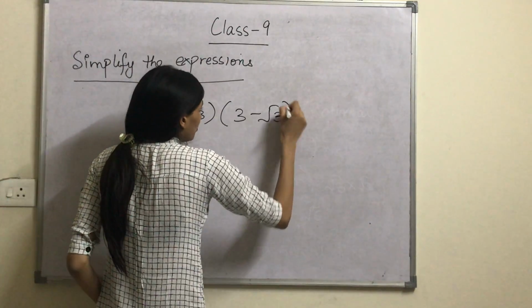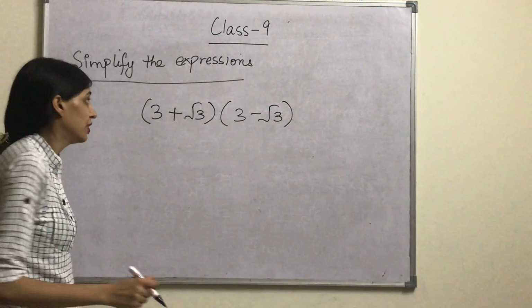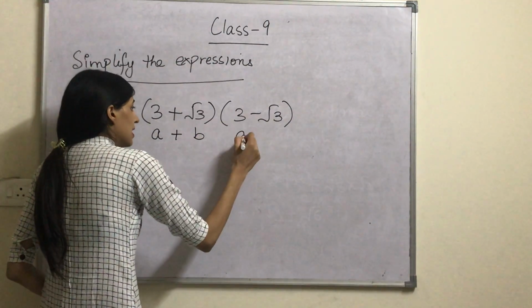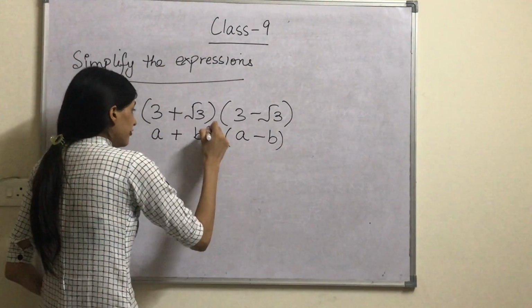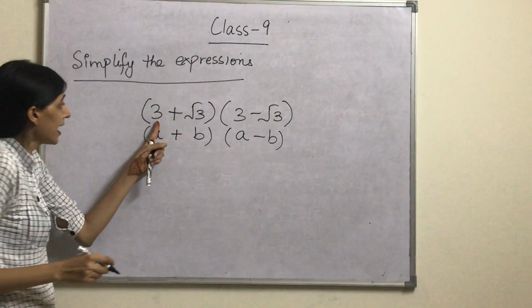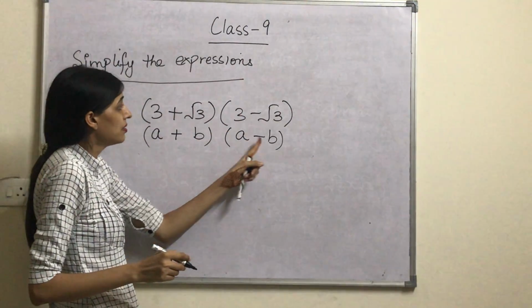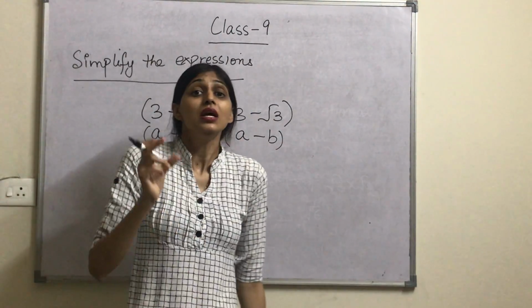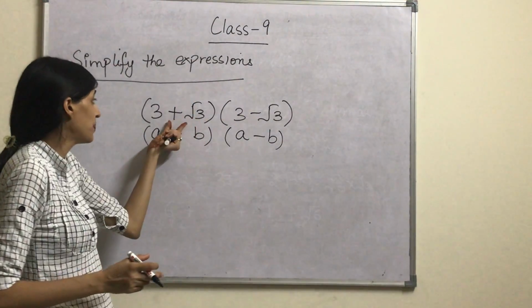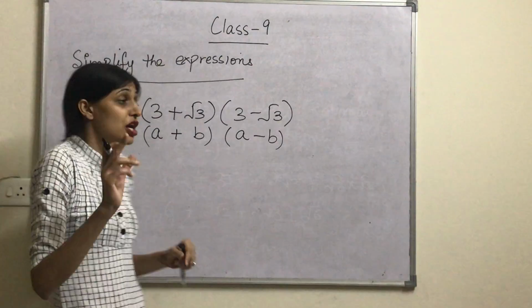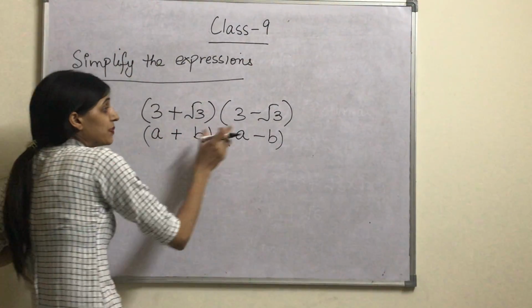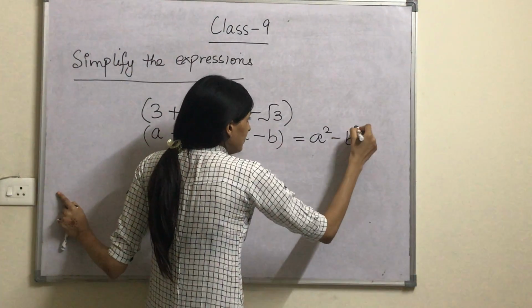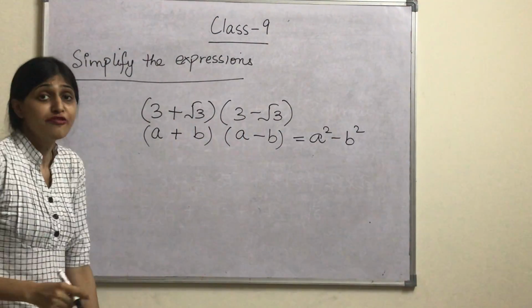(3 plus root 3)(3 minus root 3). Now if you look carefully, this is your A plus B, A minus B. The values of A and B are the same, the only difference is here it is plus, here it is minus. So we know A plus B into A minus B is A square minus B square. This is the formula.